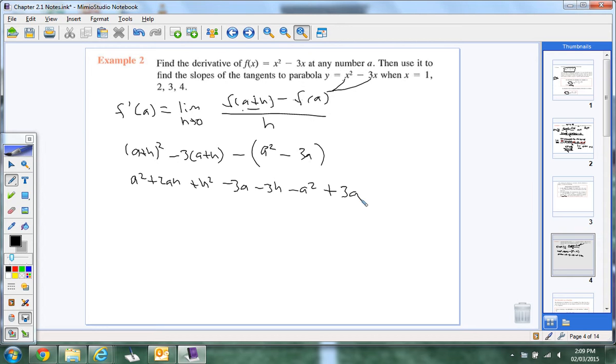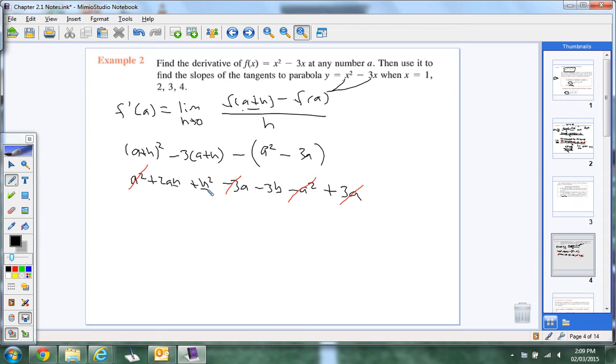Look, we have these nice things that happen every time with the pattern. The a squareds are gone. Constants are gone. And so everything that's left has a what? An h. So we're happy about that because we're all over h still.